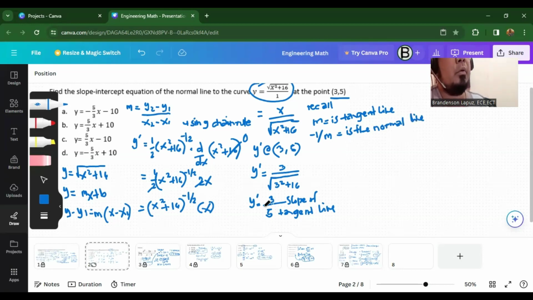This is your m, and we are asked to solve the normal line. So our normal line would be the negative inverse of it. So that would be negative 5 over 3. Inverse negative of the tangent line. All right, so this is our normal line.